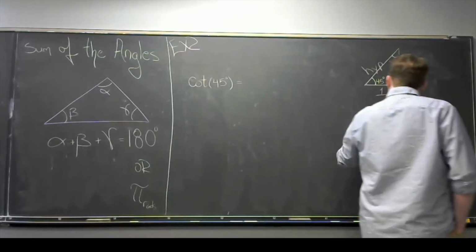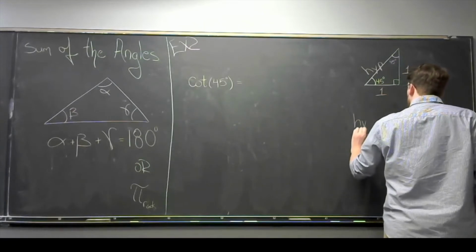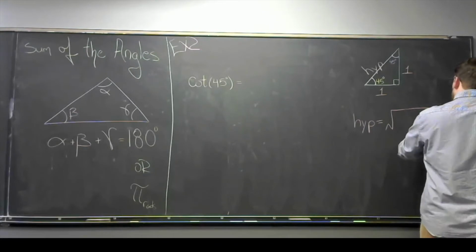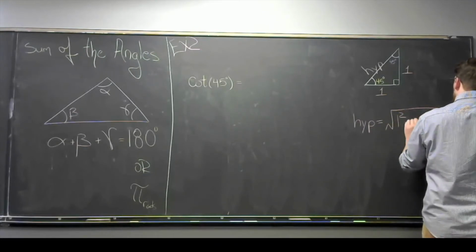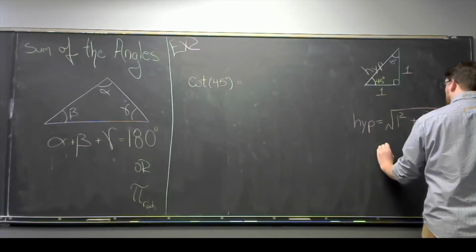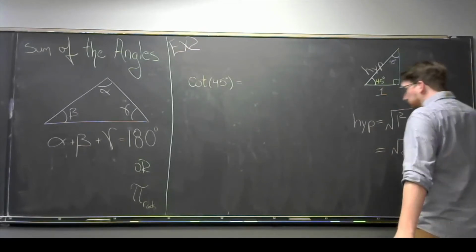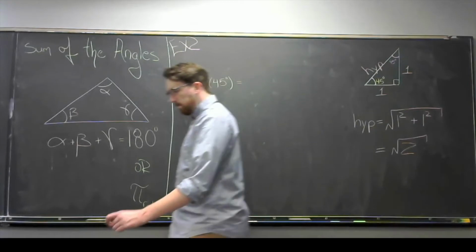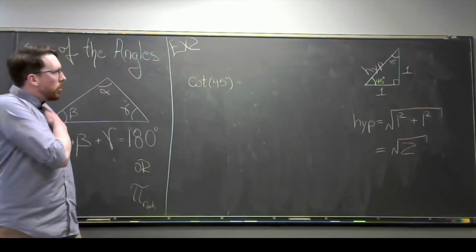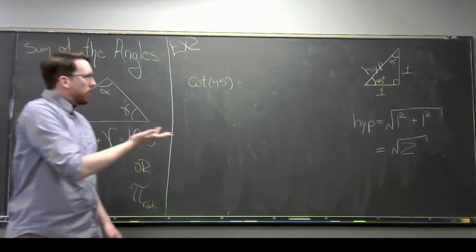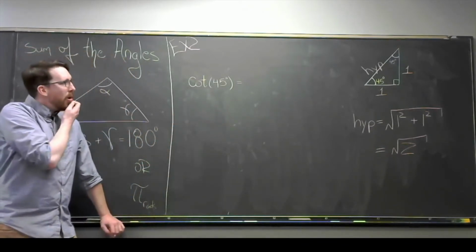So let's write it out. Hypotenuse is equal to the square root of 1 squared plus 1 squared, which is the square root of 2. All right, so we know a little bit about this triangle now.